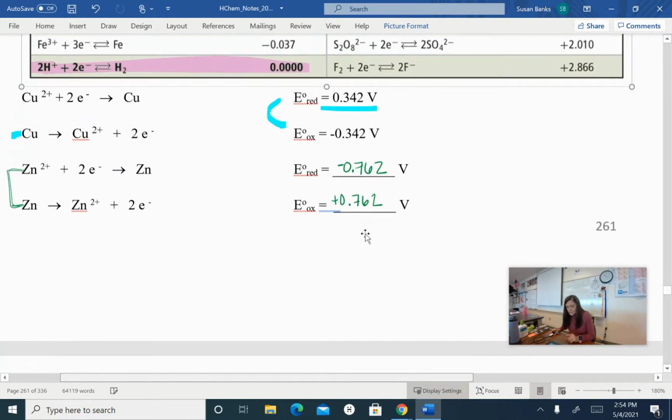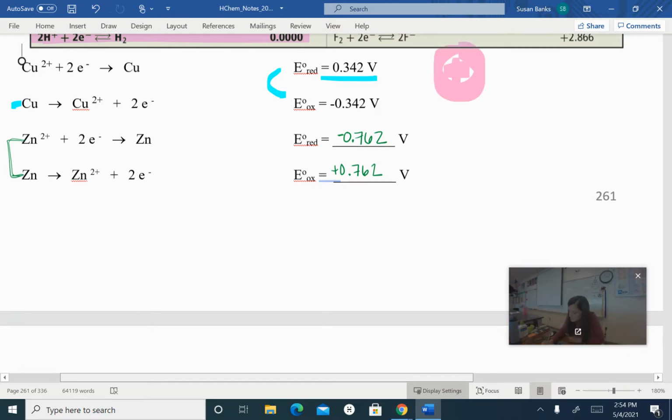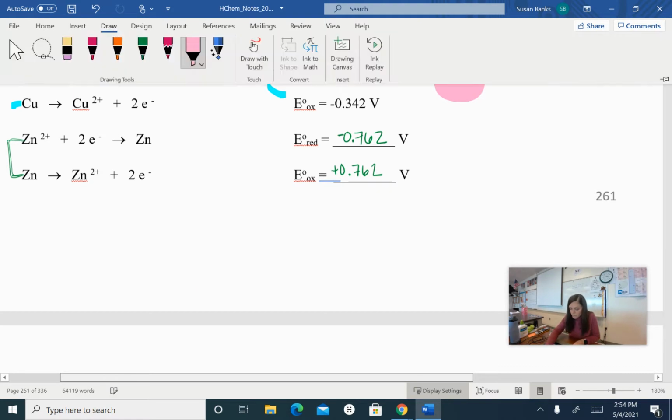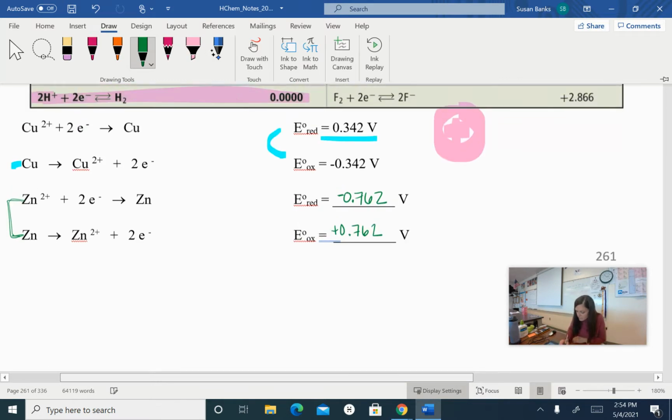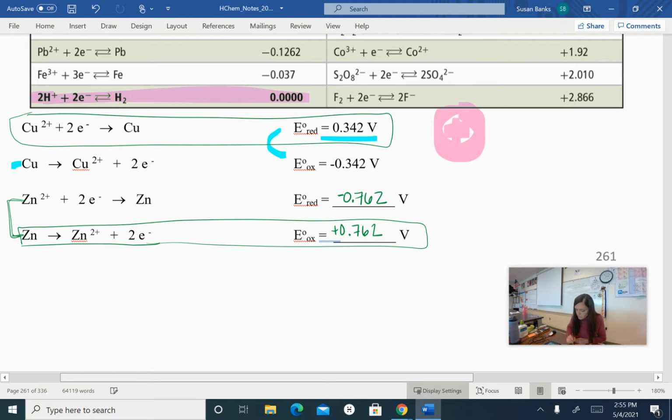Now, let's look at the cell potential. When we looked at that cell, we look at how we get the overall potential to be positive. So we need that cell potential to be positive, okay? When we looked at our cell, we had zinc being oxidized, right? We used this. And we had copper +2 being reduced. We use these, okay?